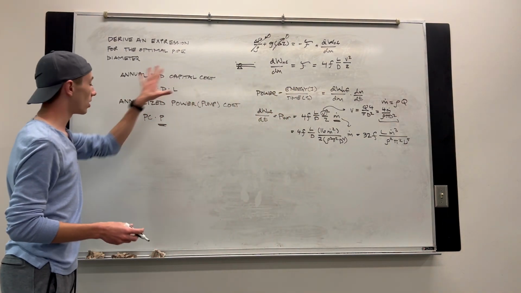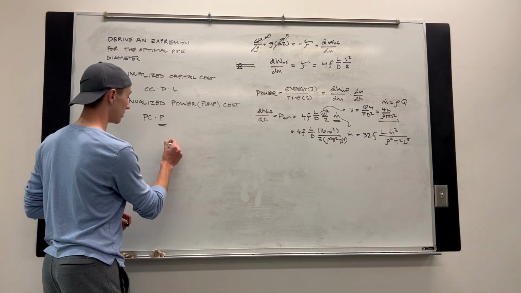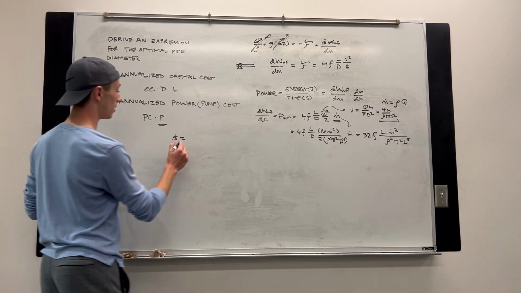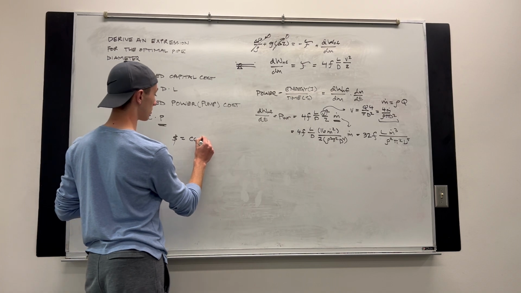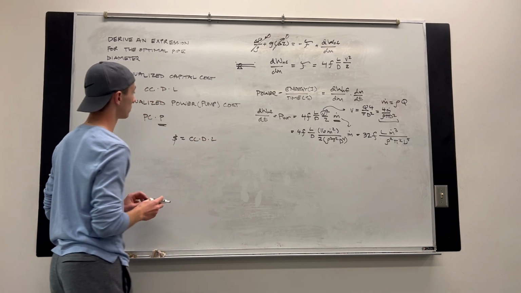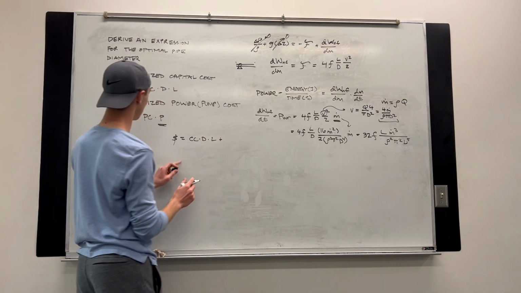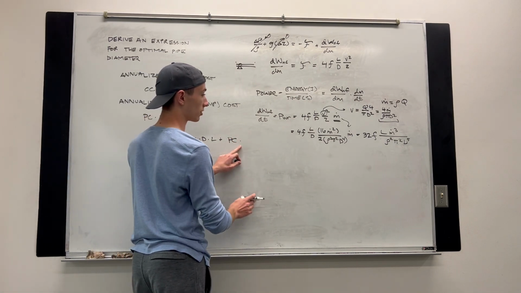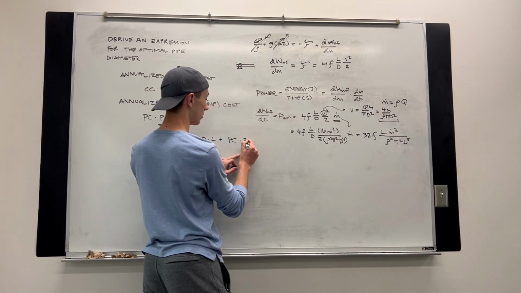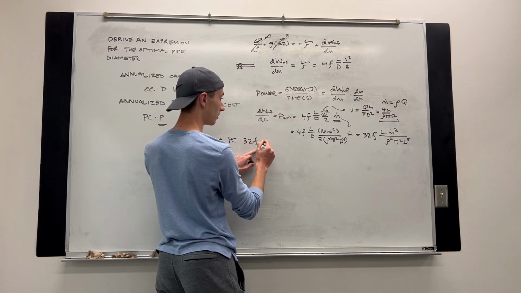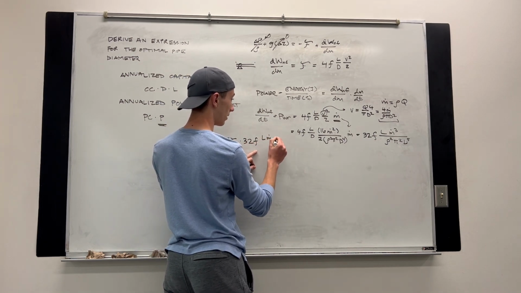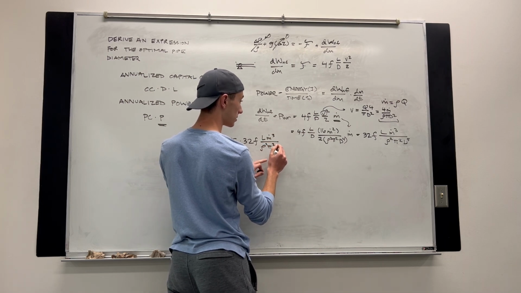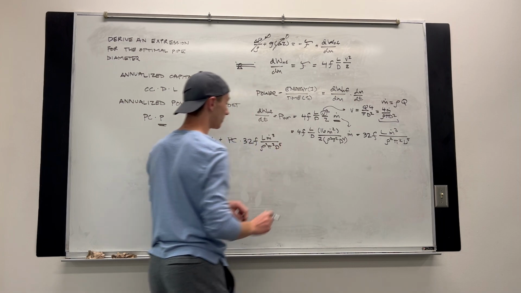Now, considering all of these things together, we get the cost is equal to our capital cost times diameter times length plus our pump cost times our expression for power, which is this 32 F L m dot cubed over rho squared pi squared d to the 5th.